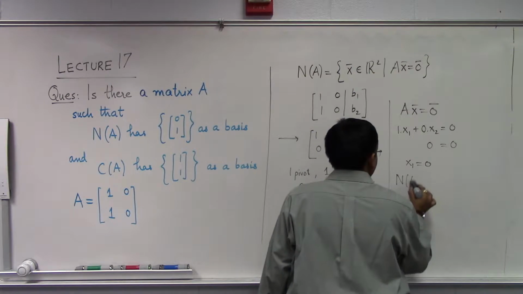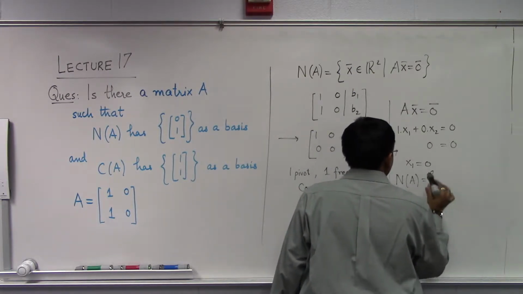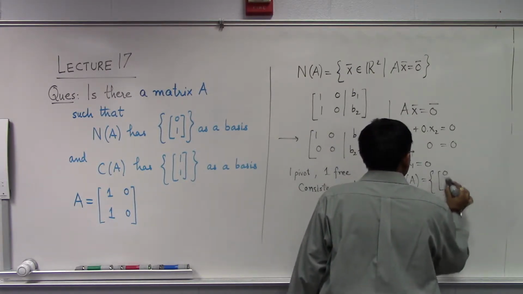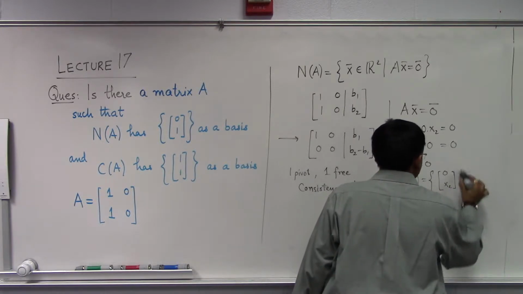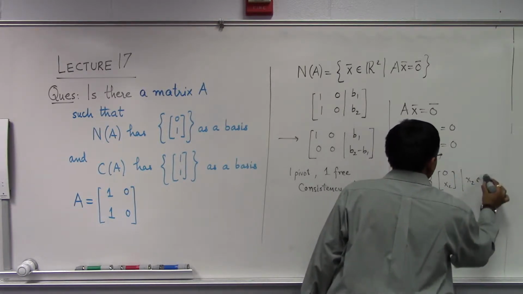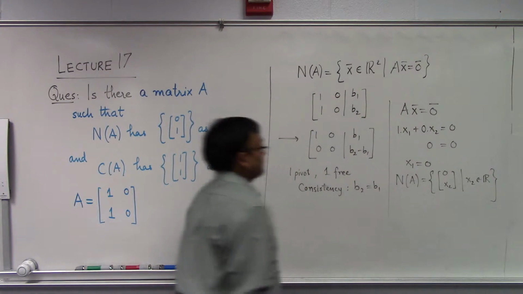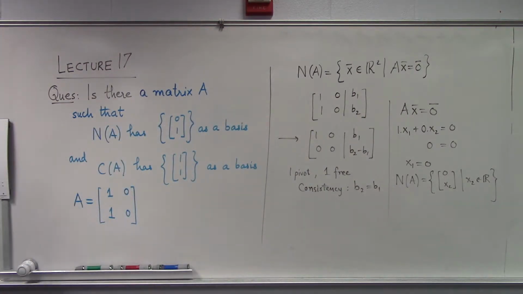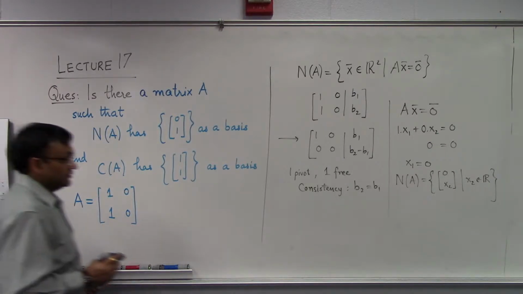So the null space of A would be all the vectors of the form (0, x2), where x2 is any real number. This confirms our suspicion that null space can be generated by the vector (0, 1), or it has (0, 1) as a basis.